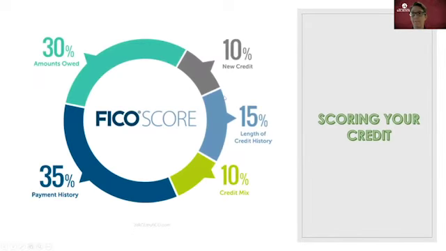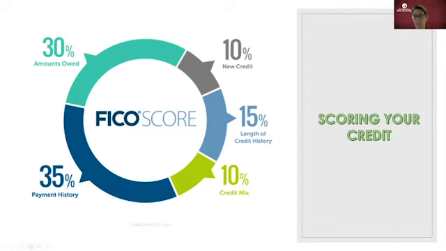Okay, scoring your credit. So FICO is one of the most common, well, it is the most common credit scoring model. There are a bunch of ways that FICO uses their credit scoring. So they have like FICO 1, FICO 2, all the way to FICO 11 and FICO 10T. They have so many different models. But this is the way that they break down their percentages.